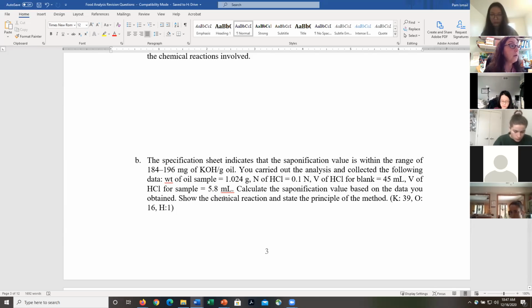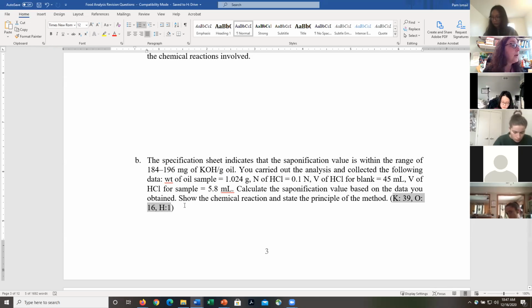So you subtract the volume of HCl for the sample from the volume of HCl for the blank. You multiply by the normality, and then you multiply by the molecular weight. So I either give you the KOH molecular weight or I give you the different elements. So 56, or 56.1 if I gave you 56.1.